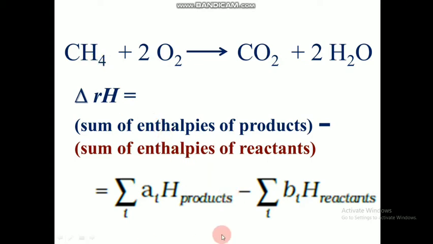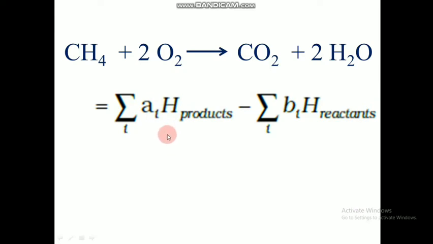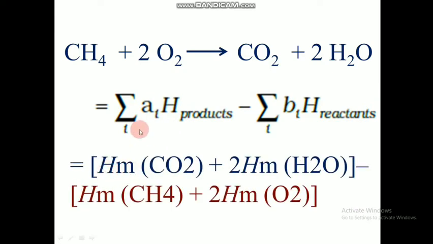Now we will actually write it. Applying this equation, as it is a molar equation, we are considering the molar enthalpy. So the molar enthalpy of CO2 plus 2, the stoichiometric coefficient, into the molar enthalpy of H2O, we will sum together.